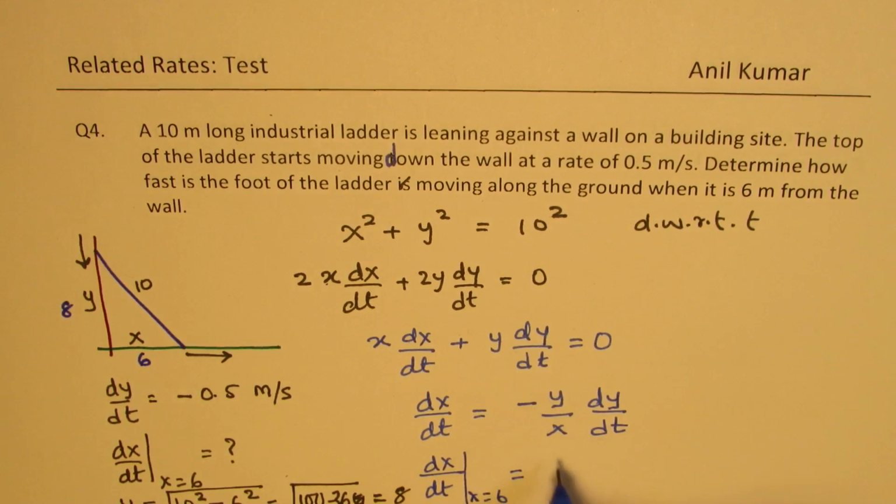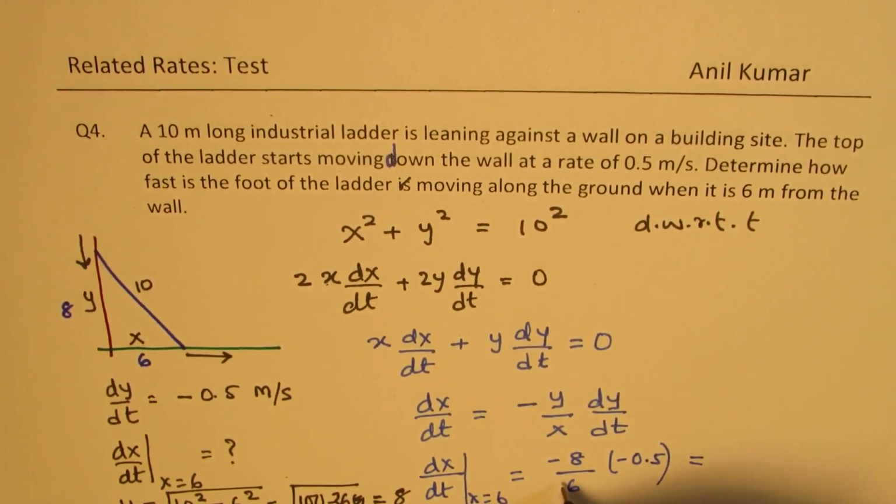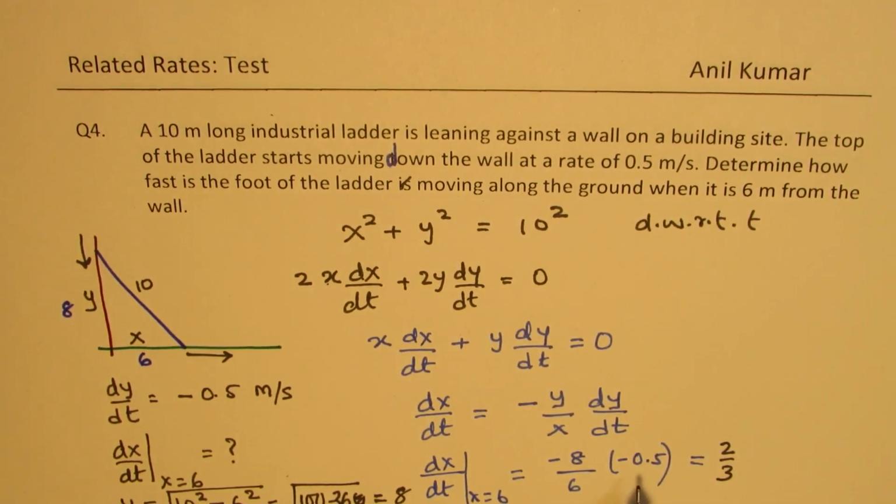So y value is 8, x value is 6, dy/dt is minus 0.5 or half, correct? So this can be calculated. Half of 8 is 4, and 4 divided by 6 is 2 over 3, positive sign.